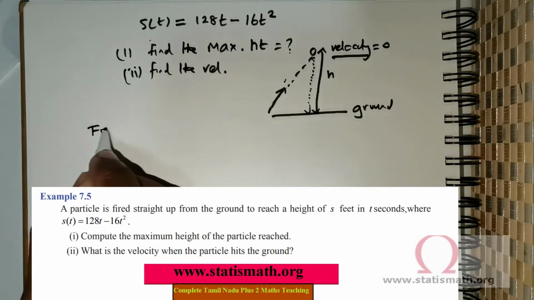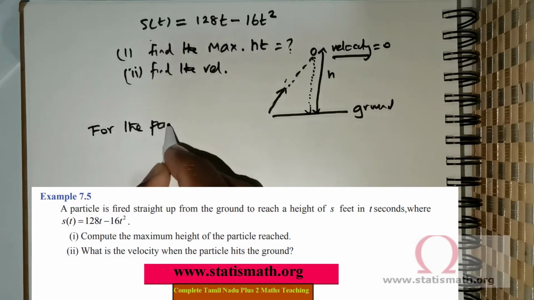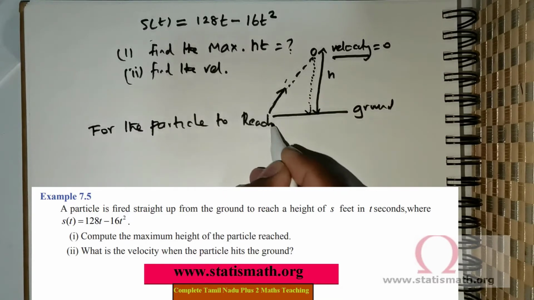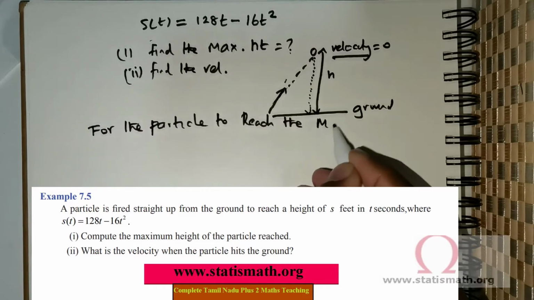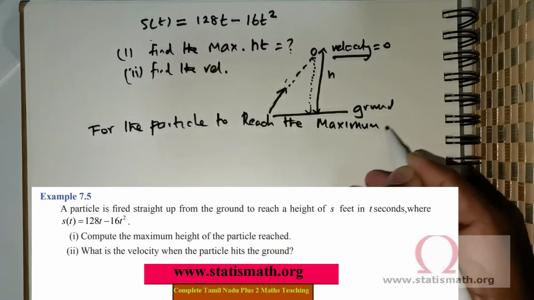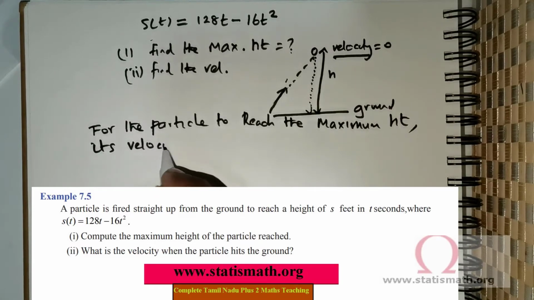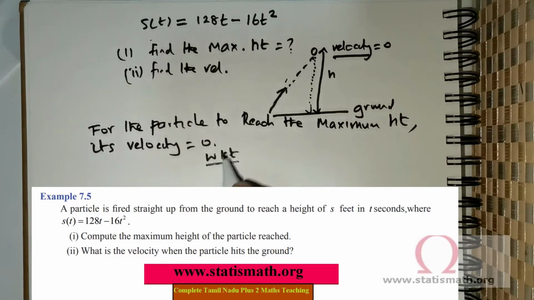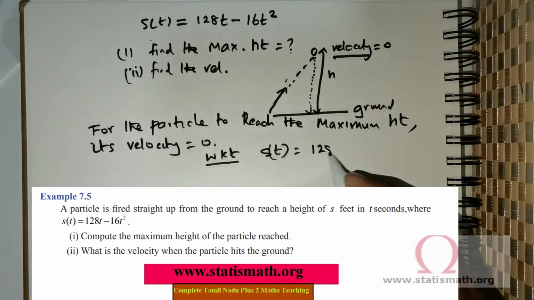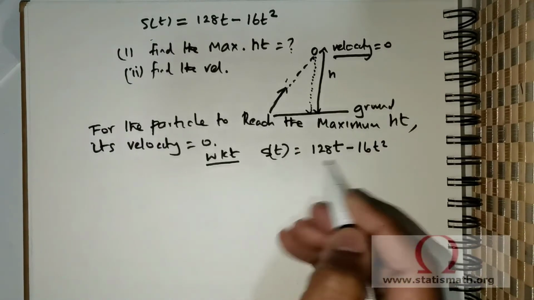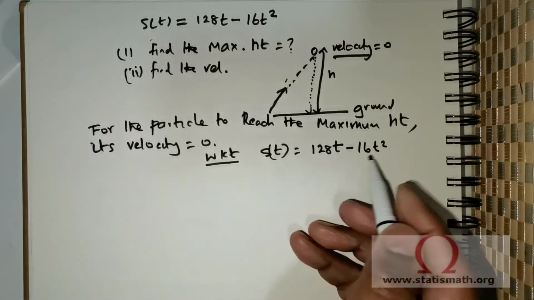So for the particle, you can write the statement: to reach the maximum height, its velocity should be equal to zero. We know that s of t is equal to 128t minus 16t squared. So this is actually the height or the distance traveled by the particle.